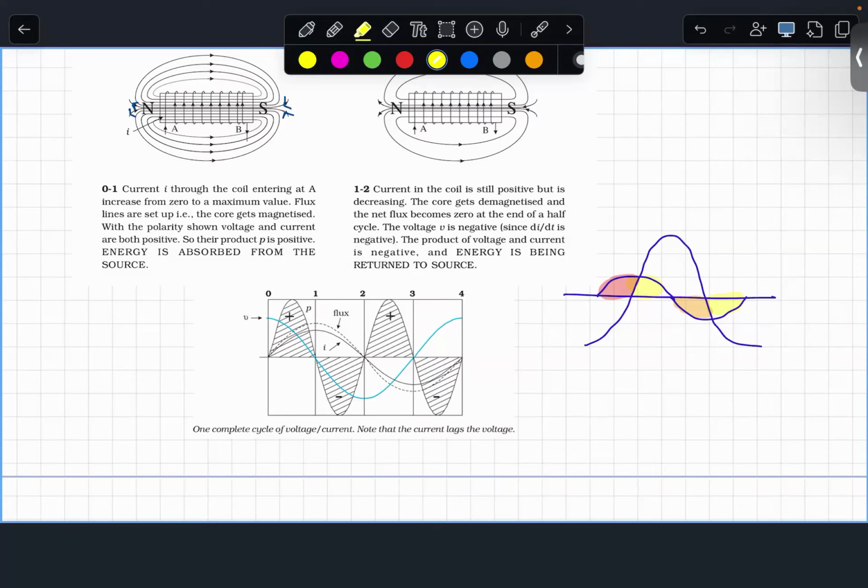Okay. So in one stage, LC oscillations are also the same. Capacitor delivers power to the inductor, inductor delivers power to the capacitor. Likewise, no loss of energy in a pure inductor circuit. Only thing that you need to remember is the current lags by pi by 2 with respect to voltage at any instant.